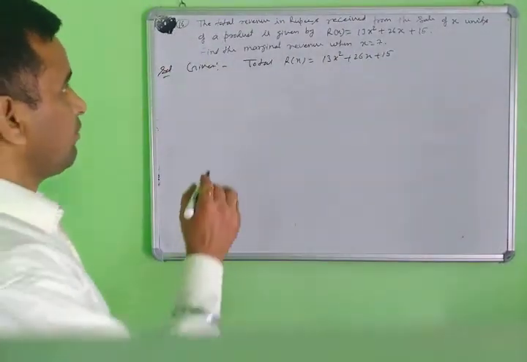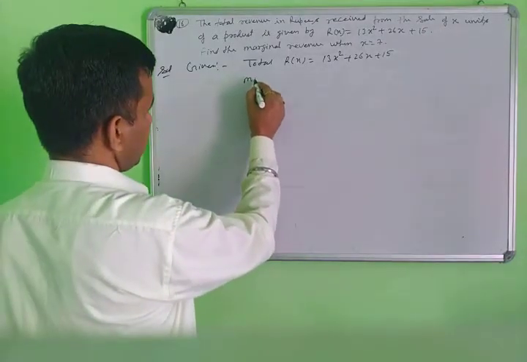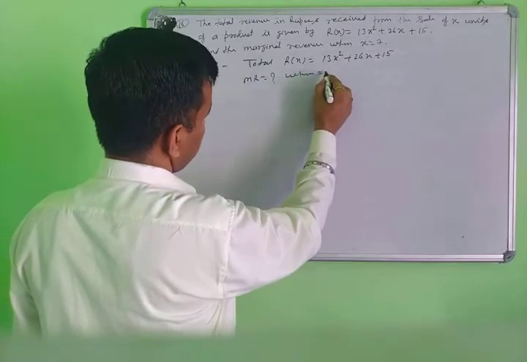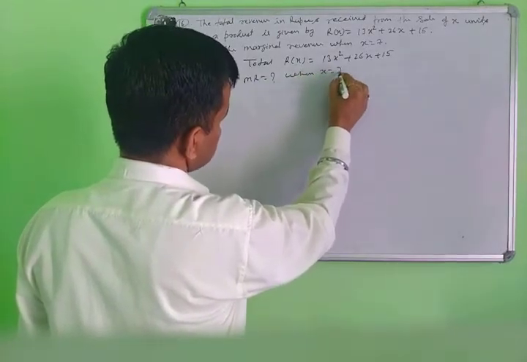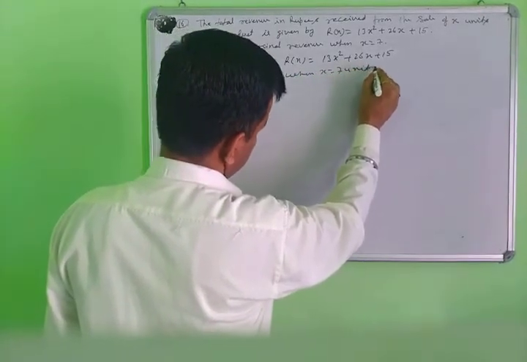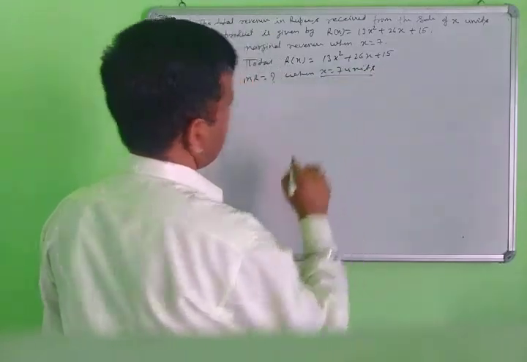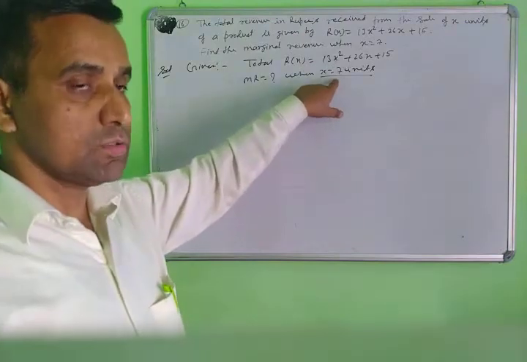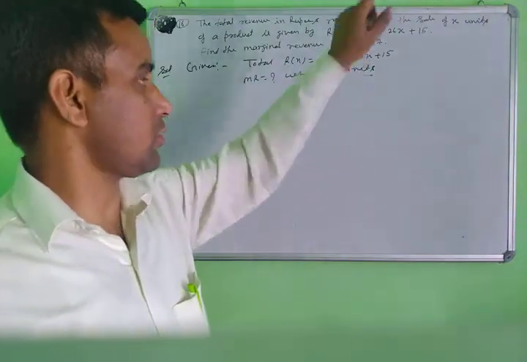What you find here is the marginal revenue when x equals 7 units. What is the marginal revenue when you have sold 7 units of this product?